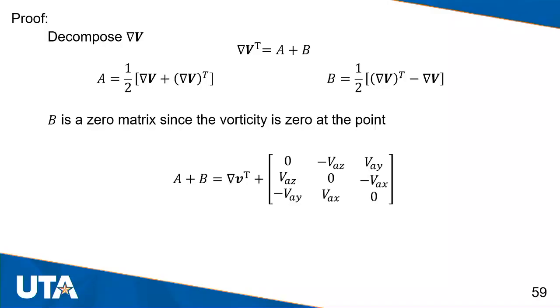B is the vorticity matrix, so B should be 0. Then we bring the result to the relation between the velocity gradient in the inertial frame and the velocity gradient in the observer's frame, and we get this expression, and we know B is 0.